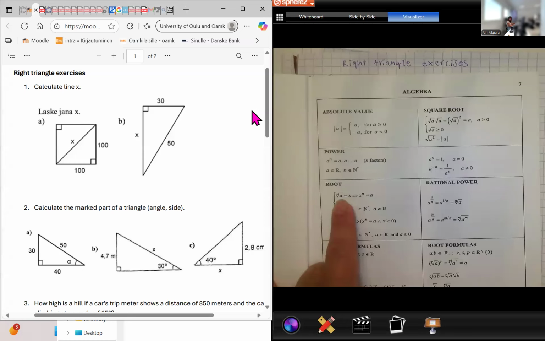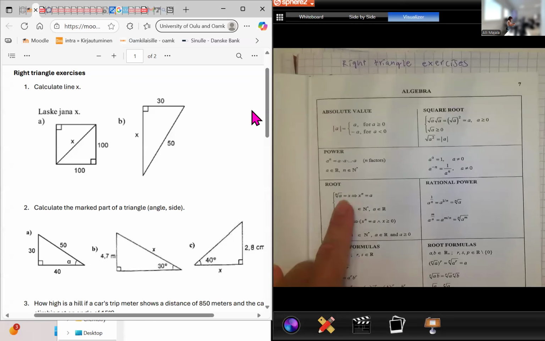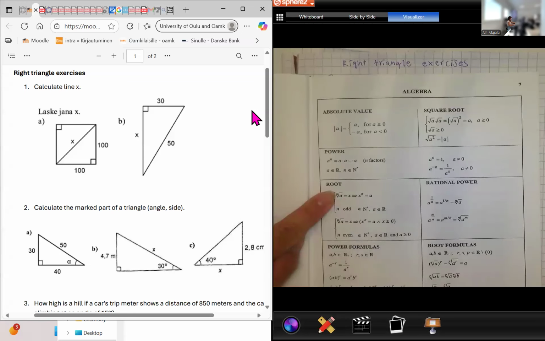The technical formula starts with the root. The square root of course means that here you would put the number 2.